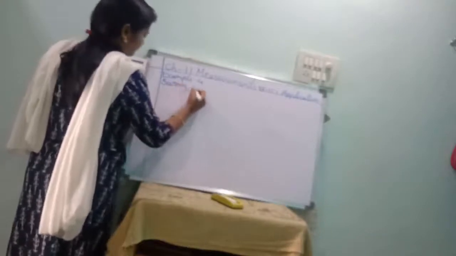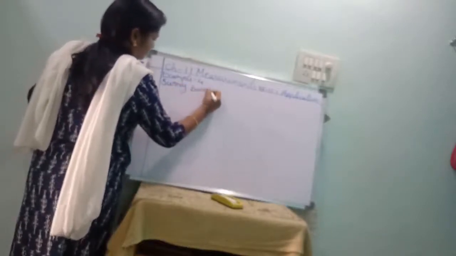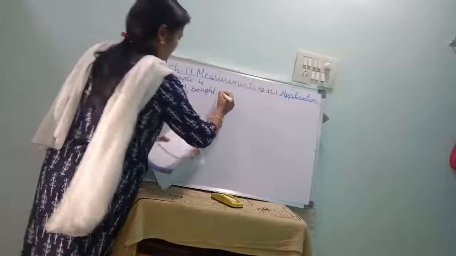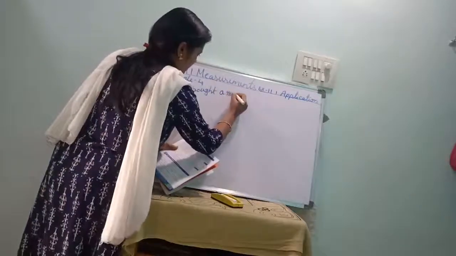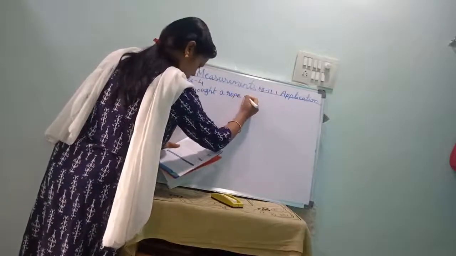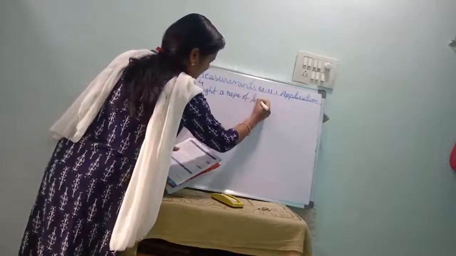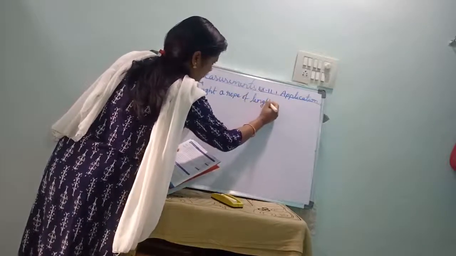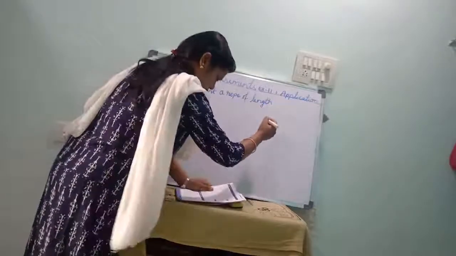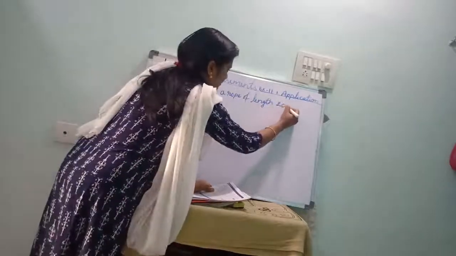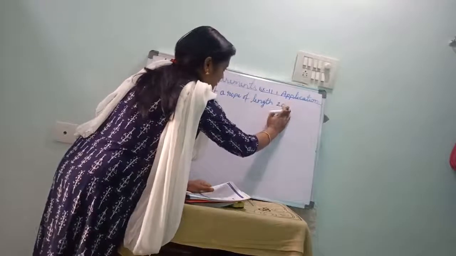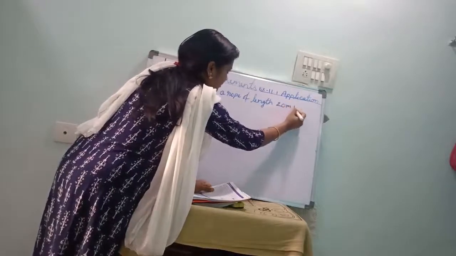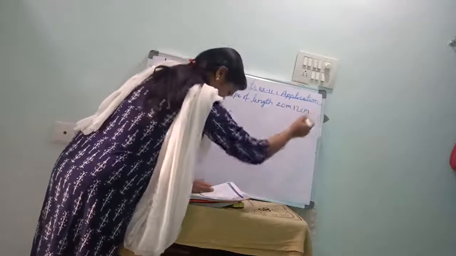Sunny bought a rope of length 20 meters 12 centimeters.